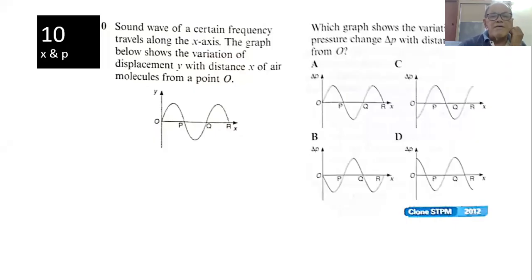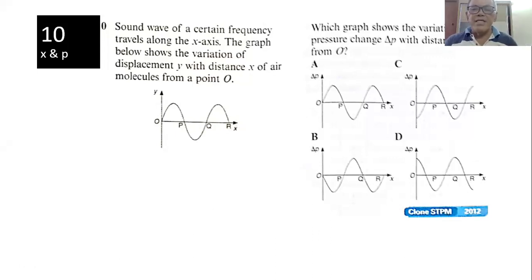Okay, sound of a certain frequency travels along the axis X. The graph below shows the variation of displacement Y with distance X of the air molecules from the point O. So there's a displacement, that's the distance moved by the wave.